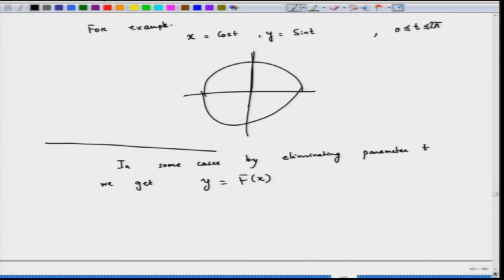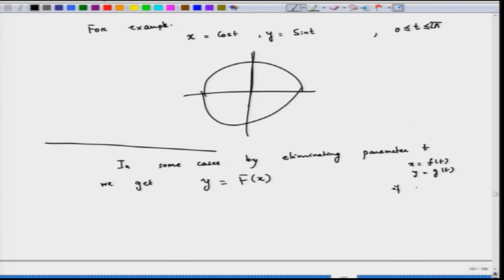So, as you can see, for simplicity, x is equal to f(t) is given, and y is equal to g(t) is given. Now suppose our f is so nice that the inverse exists.